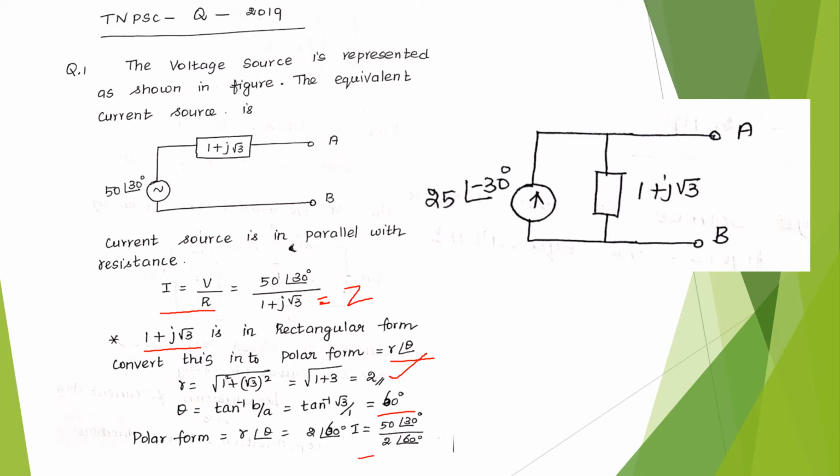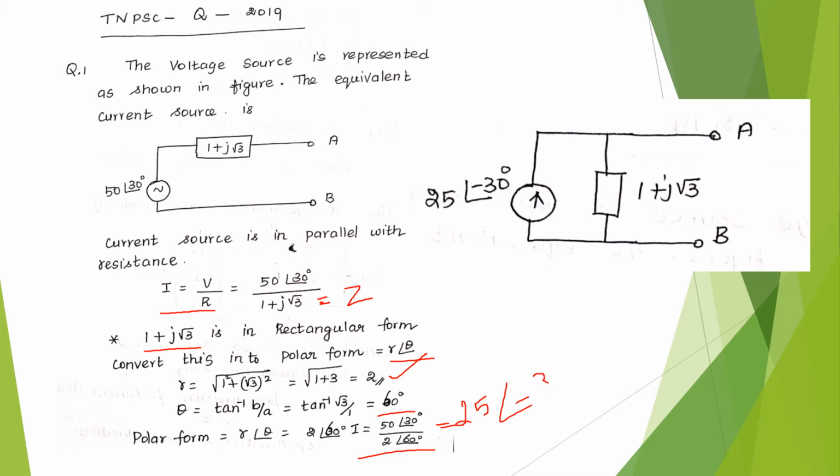So I is equal to 50 angle 30 by Z equal to 2 angle 60 degree. So what is the answer now? That is equal to 25 angle minus 30 degree.